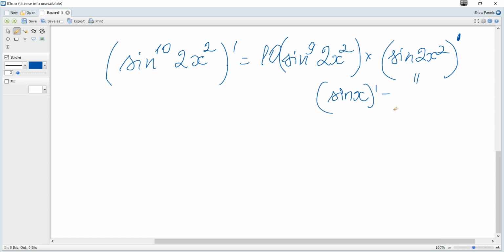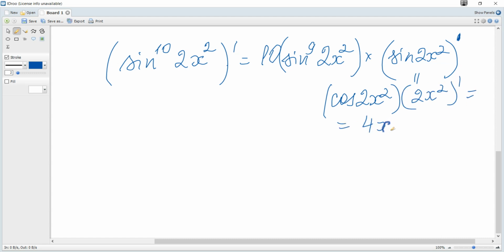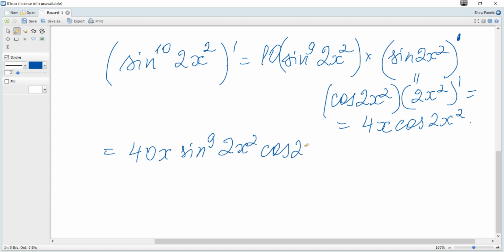So it is equal to cosine 2x squared multiplied by the argument derivative, which is 4x, so 4x cosine 2x squared. And the final answer is 40x sine to the power of 9 2x squared cosine 2x squared.